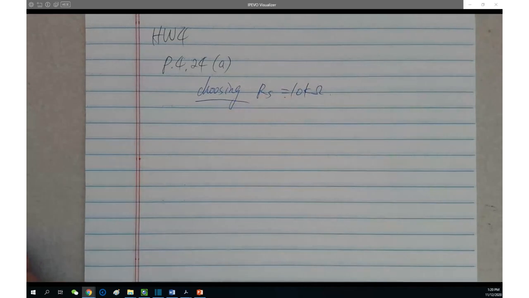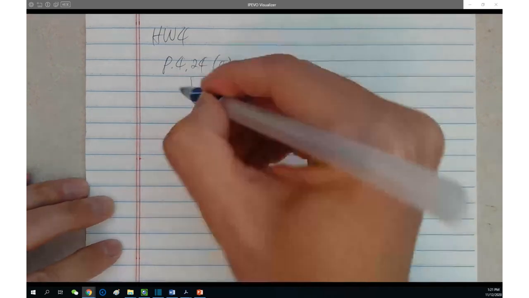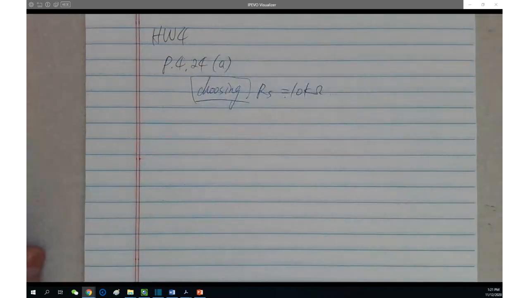Therefore, RS is not unknown anymore. It's chosen as a value. Accordingly, you find the rest of the voltages or other values. This is how to deal with this. The textbook solution provides a choice of 10 kilo ohm.